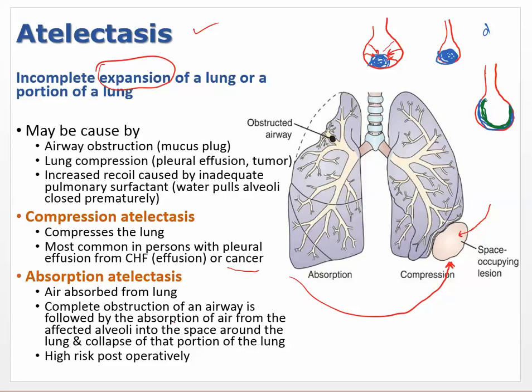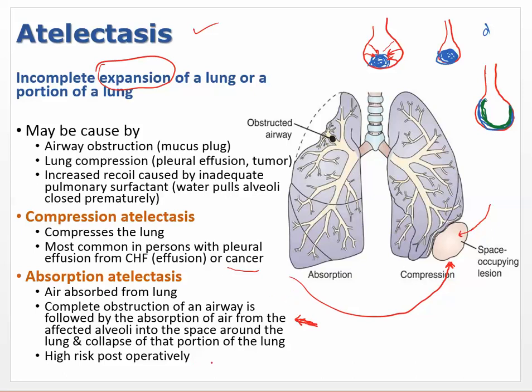Complete obstruction of an airway is followed by the absorption of air from the affected alveoli into the space around the lung and collapse of that portion of the lung. It sounds to me like this is describing a spontaneous pneumothorax.